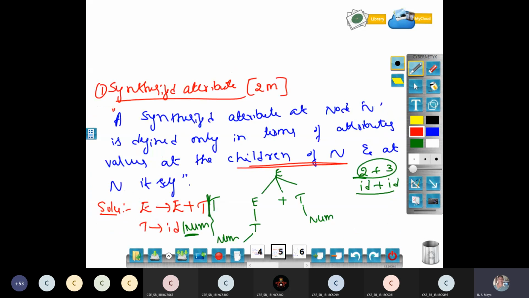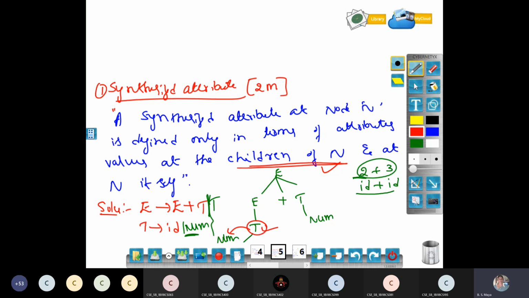Okay, you see your definition now. A synthesized attribute at node n is defined only in terms of attribute values at the children of n. What are the children of n? Num, ma'am.